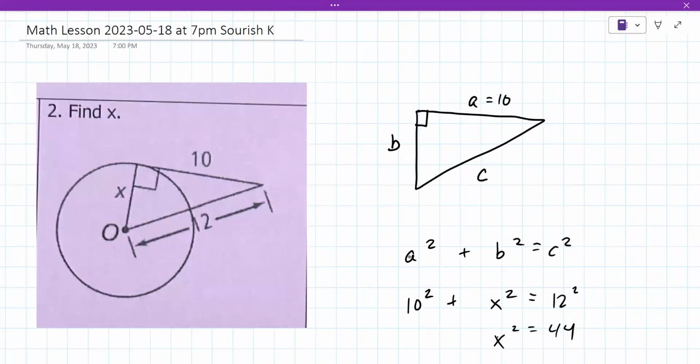How do you undo a square root? You should divide. Nope, you do not divide for a square root. How do you undo a square? I just said it, so now you've got the answer.